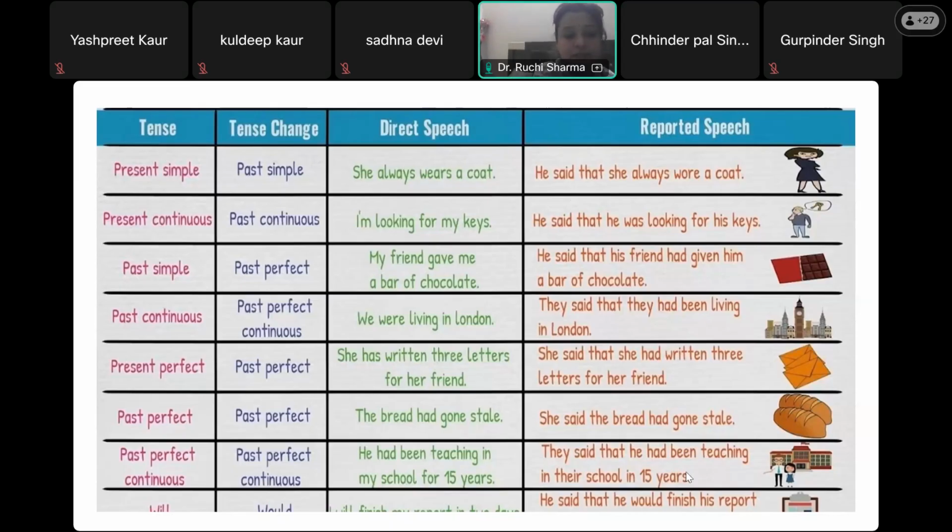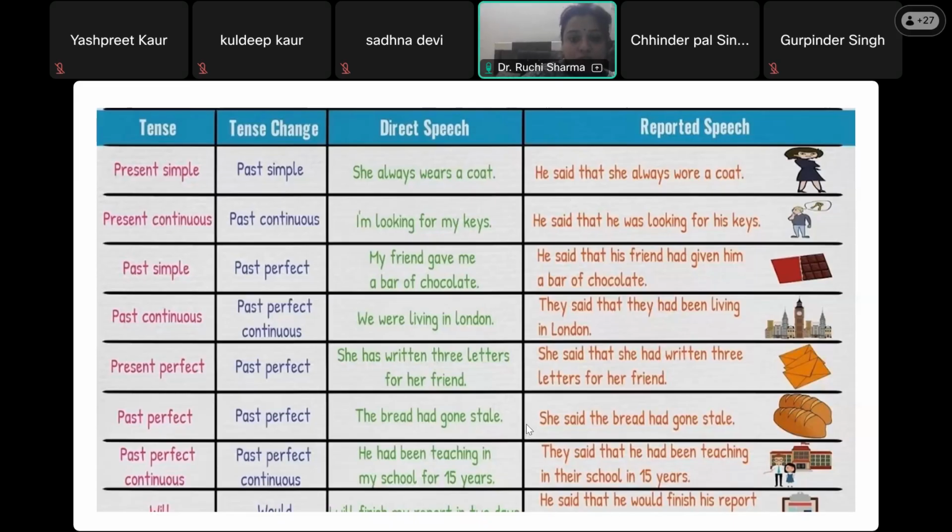Look at the sentence in past perfect. Will, would is also there here.